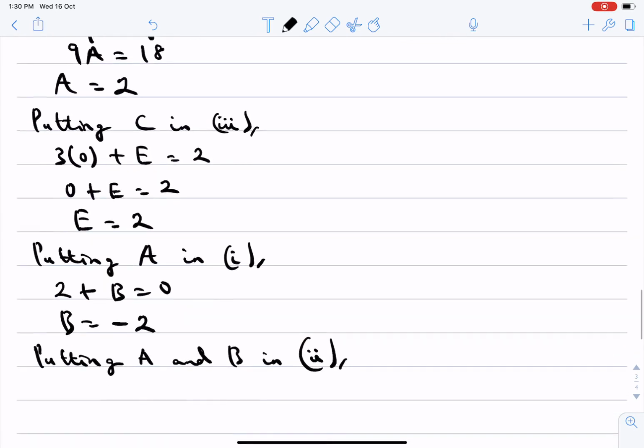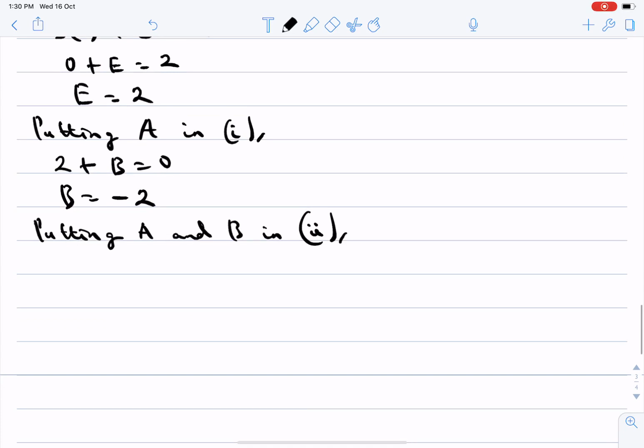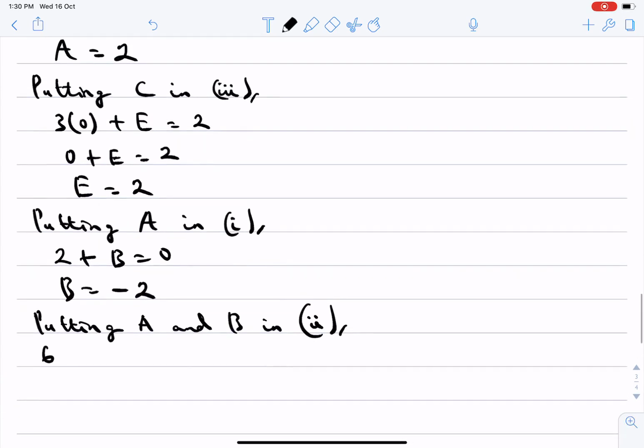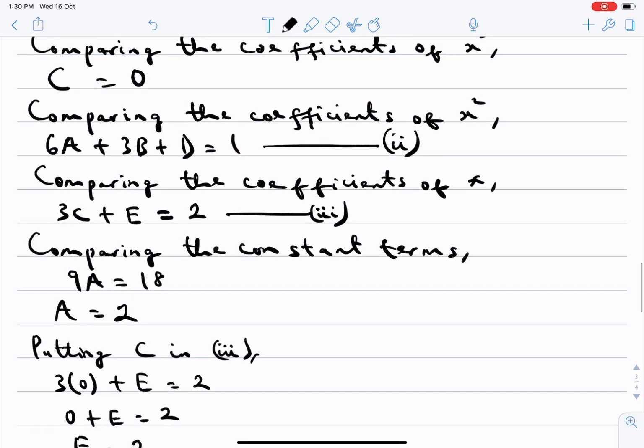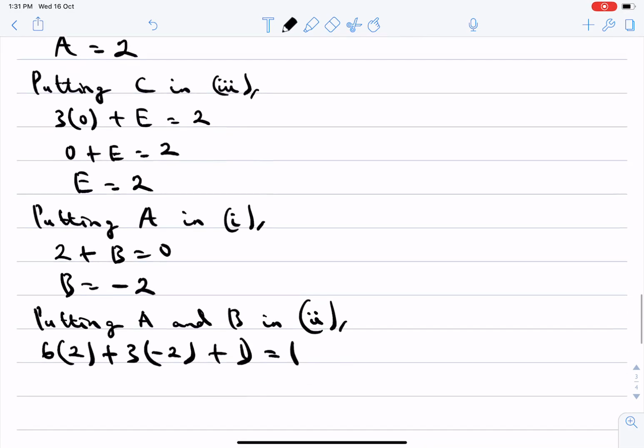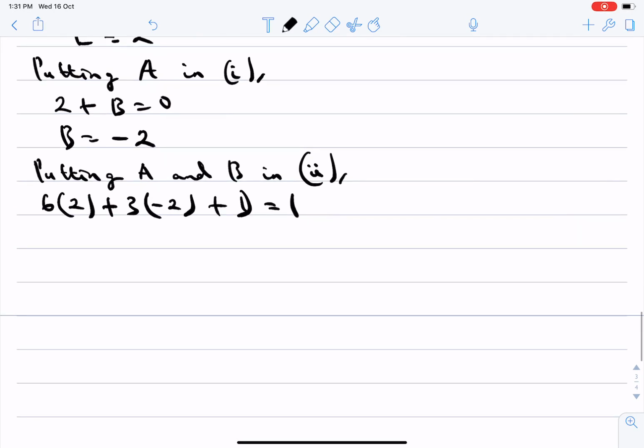6a plus 3b plus d equals 1. a is equal to 2, so that means 6 times 2 plus 3 times minus 2 plus d equals 1. That's correct. 6 times 2 is 12, 12 minus 6 plus d equals 1.